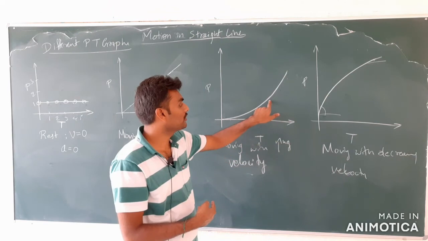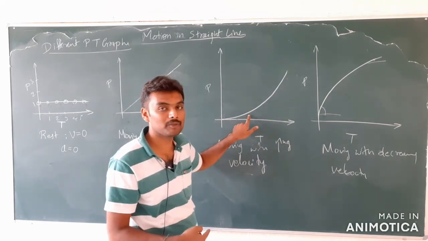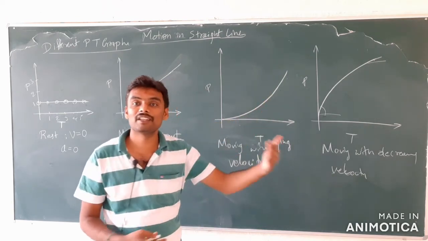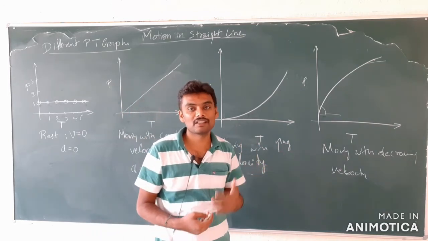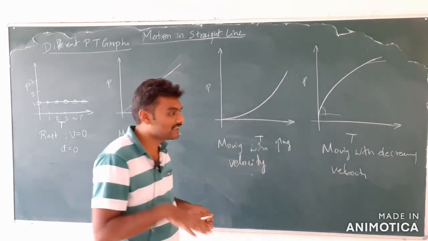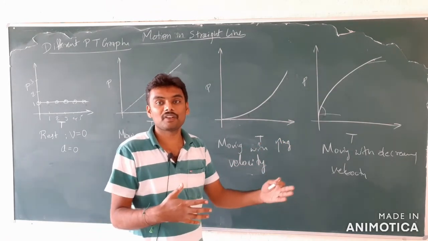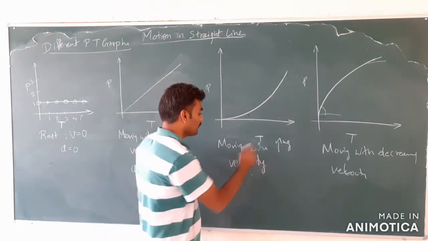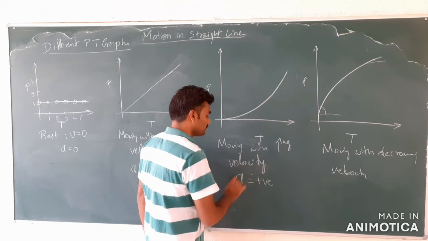Here at this point it is say 10 meter per second, before 2 seconds it is 5 meter per second. So velocity is increasing with respect to time. Final velocity is more than initial velocity, and when the body is increasing its speed, you say the body is accelerating or positive acceleration is happening. Okay, so for this increasing velocity, acceleration is positive.